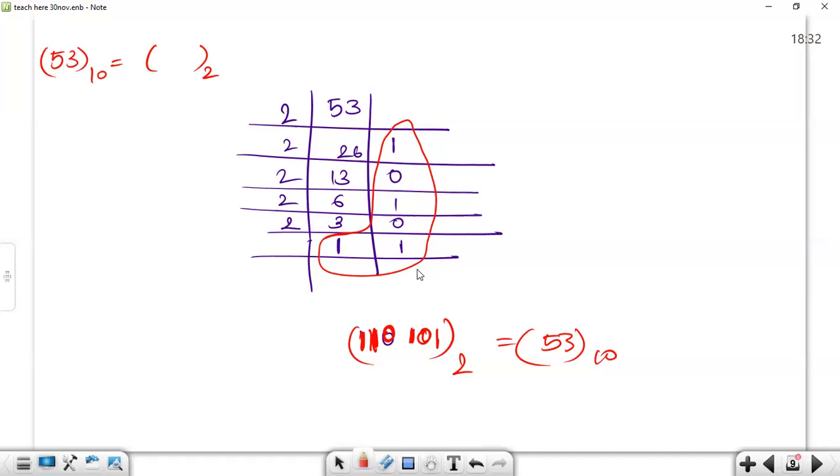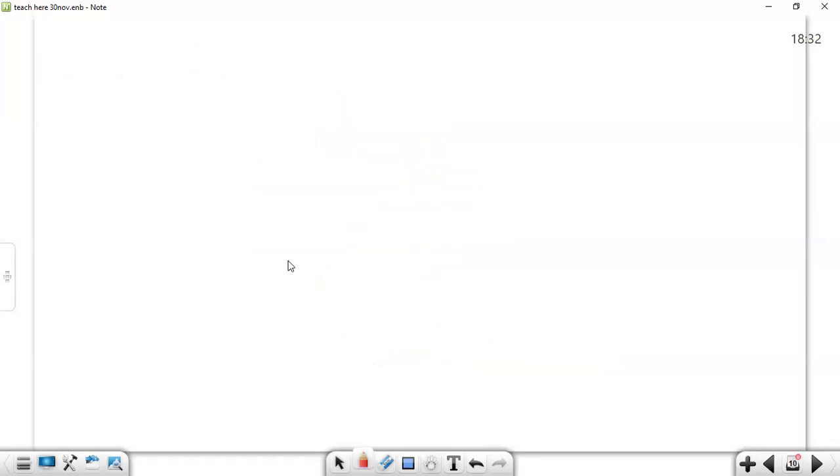No, sir. Great. So what if there is a number like this, 53.25? Then there's a problem, right? How can we write a decimal number which has a point in binary number system format?